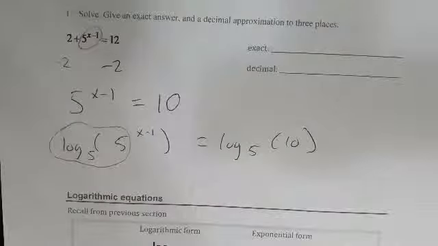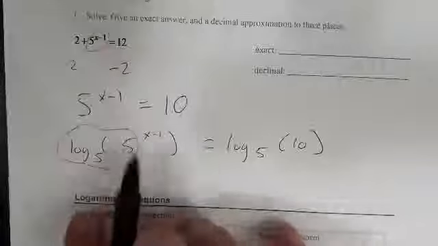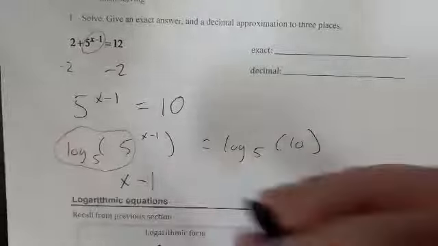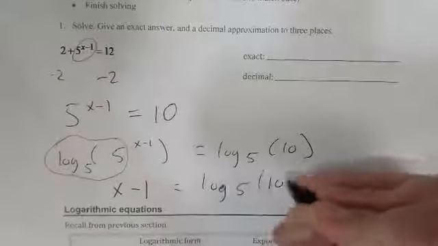And this is where those identities are coming in, like we talked about in the previous sections. If you can see these inverse identities, that's what you need to see to be able to simplify these things. So this is log base 5 of 5 to the x minus 1 equals log base 5 of 10.